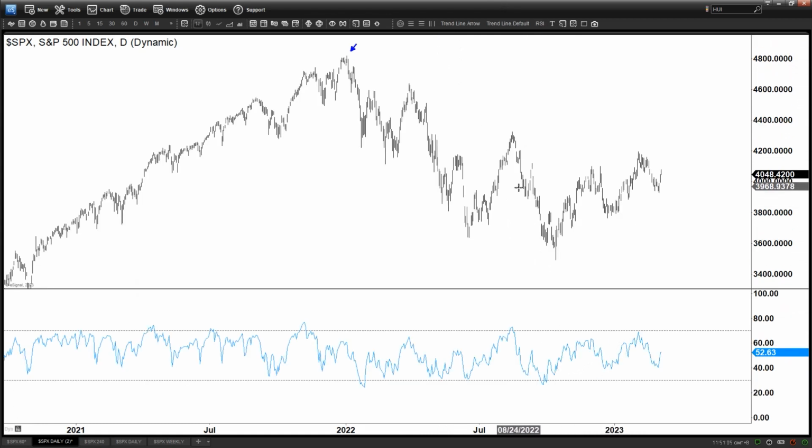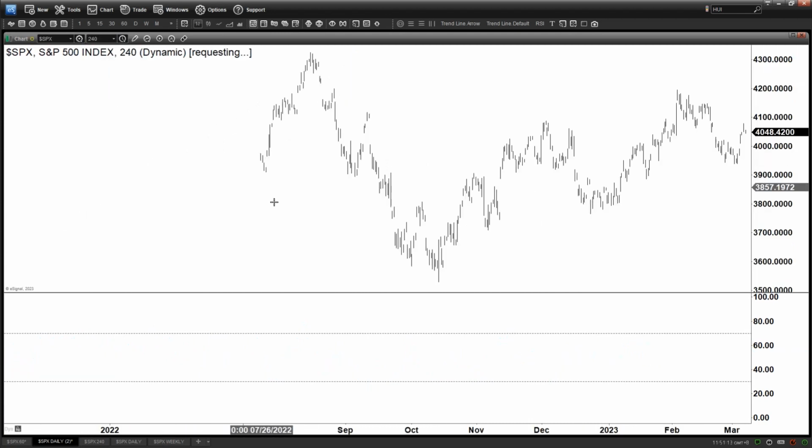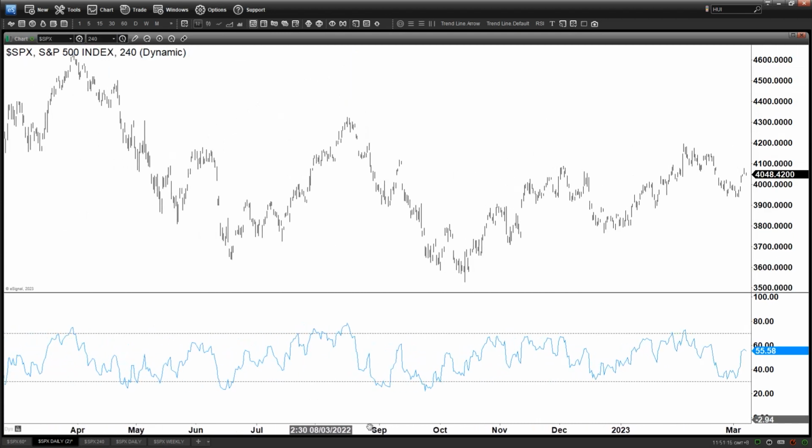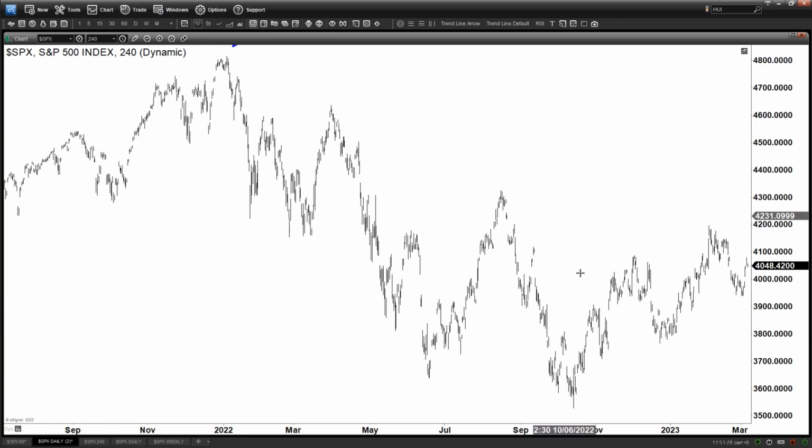There seems to be, in the daily there is none. Let me go down to the 4-hour here. There's a slight kind of divergence right here, right? Not that much. I think it's not really obvious, but it is a five swing.